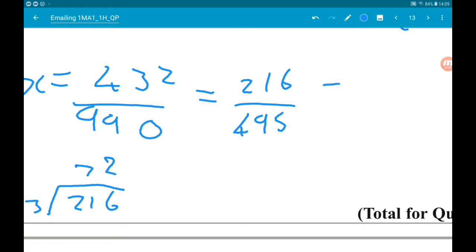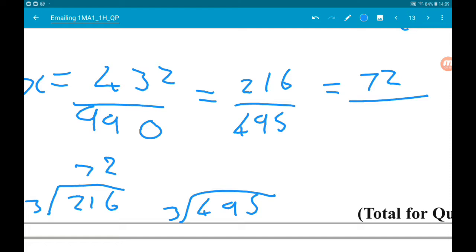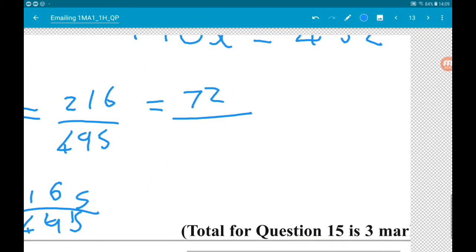So the top is 72, and then do the same with the bottom. 3's into 4 go once, 1 remainder. 3's into 19 go 6 times, 1 remainder, and then 3 goes into 15 5 times. So on the bottom we have 165.